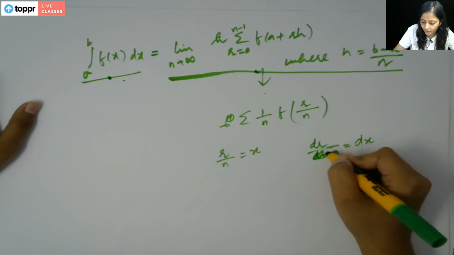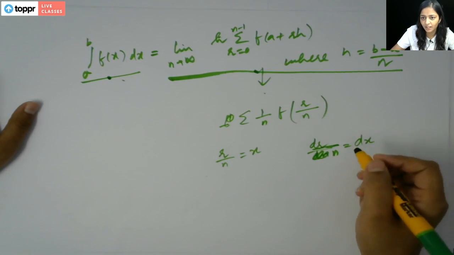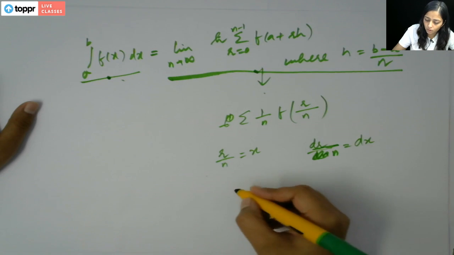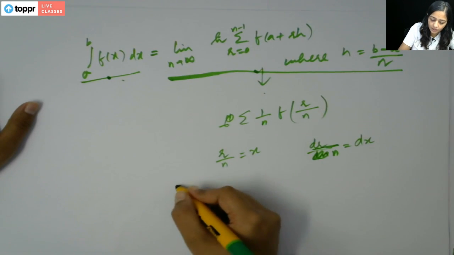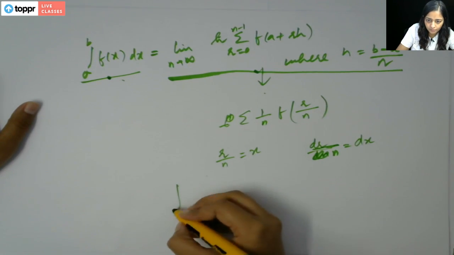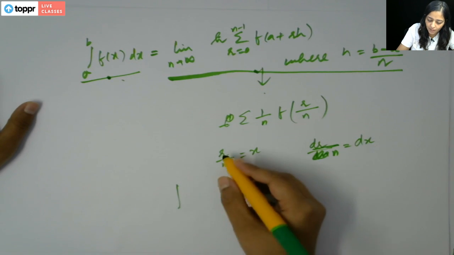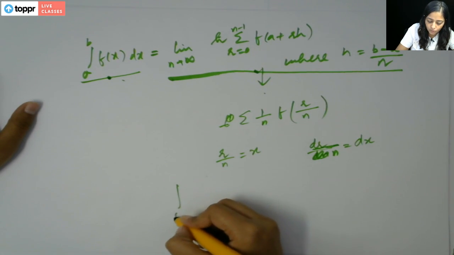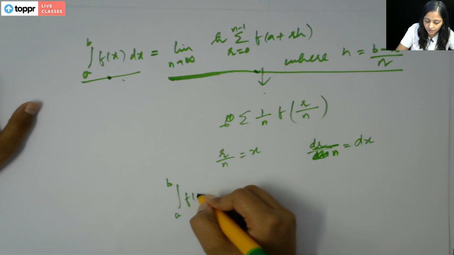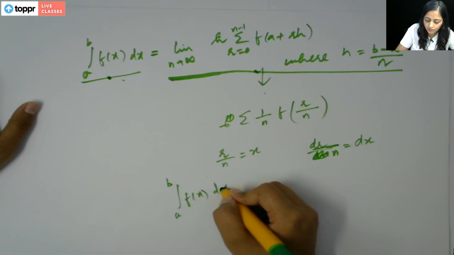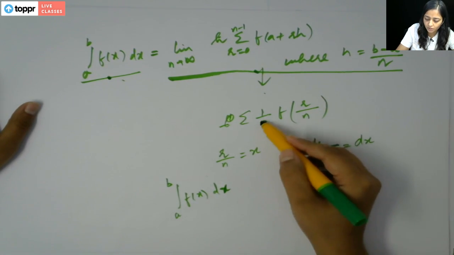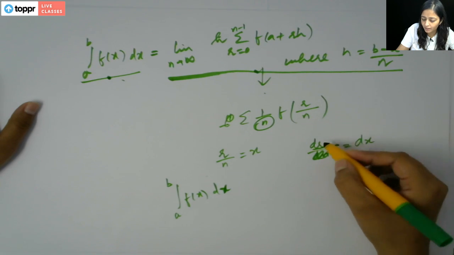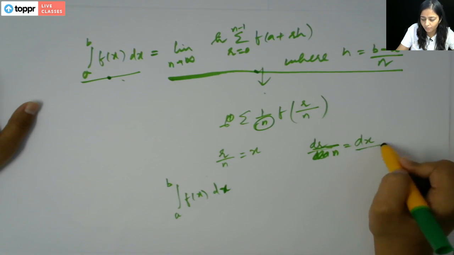Dr by n is a constant, so dr by n is dx. So my integration would be, we have to put the limiting values of r, so it would be some a to b f(x) dx. So this 1 by n will be replaced by dx.